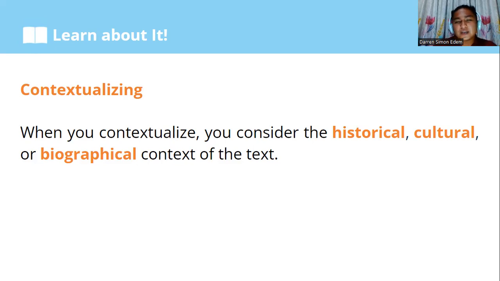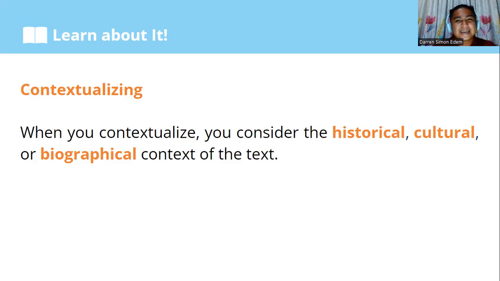Therefore, there is the consideration of the historical, cultural, and biographical context of that particular text. That's why it's very important that we learn from the different contexts that we have discussed, biographical, sociocultural, and linguistic, because we are able to decode meanings of a particular text if we look into those considerations.